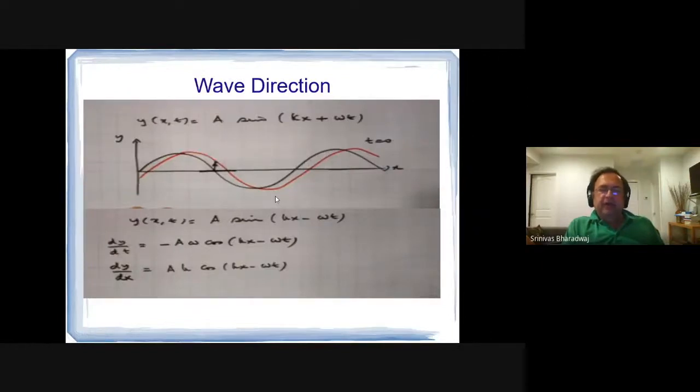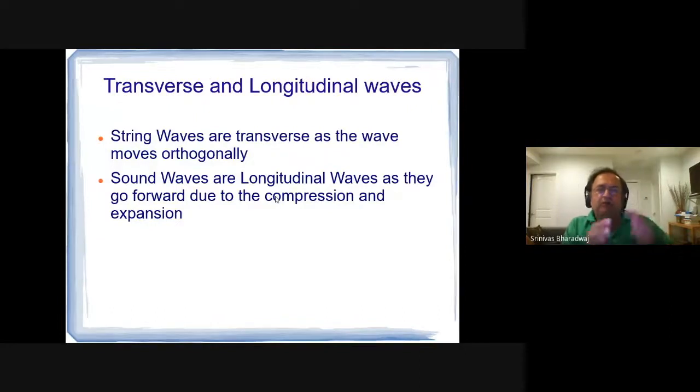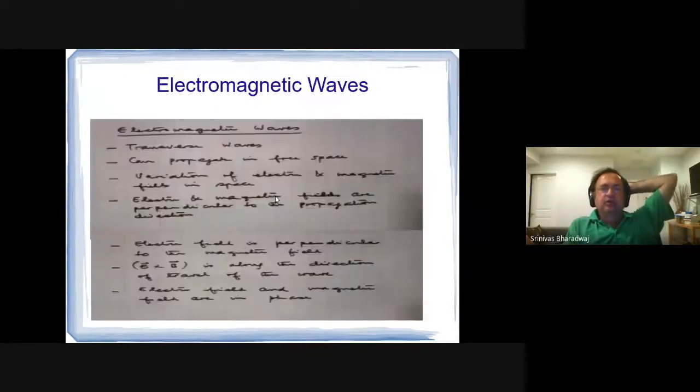That same wave equation is what we saw in the context of strings, and in the context of sound, which is a longitudinal wave. We also see it in the context of electromagnetic waves. Electromagnetic waves are transverse waves, and they can propagate in free space.